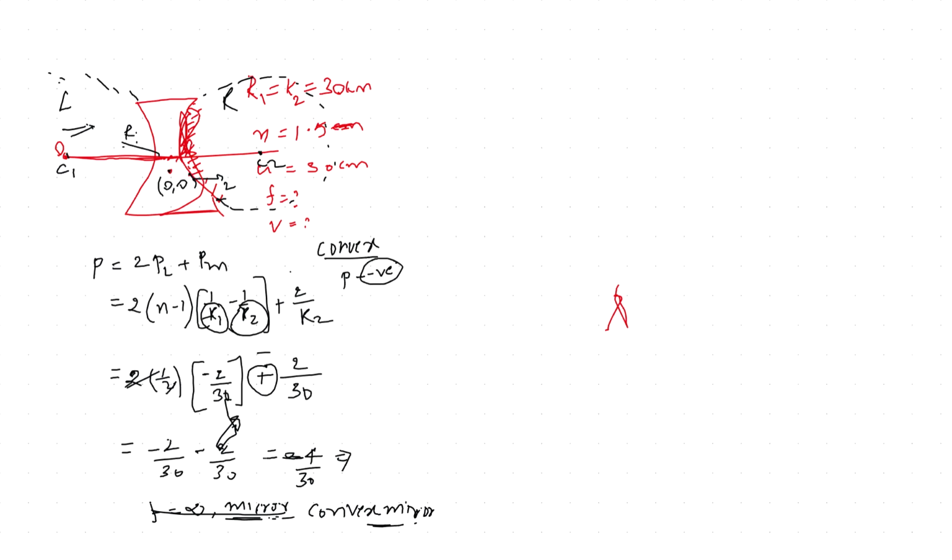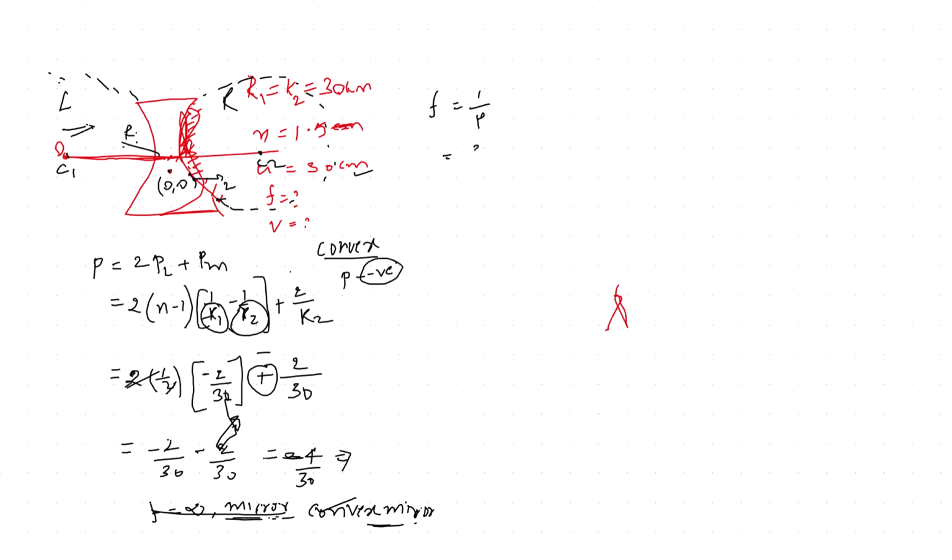Convex mirror. Now see. So your object distance is given, 30 centimeter. So to find V, the focal length I have to find out first. So I know focal length is equal to 1 by P. So here P is equal to 4 by 30. Then focal length is equal to 30 by 4.